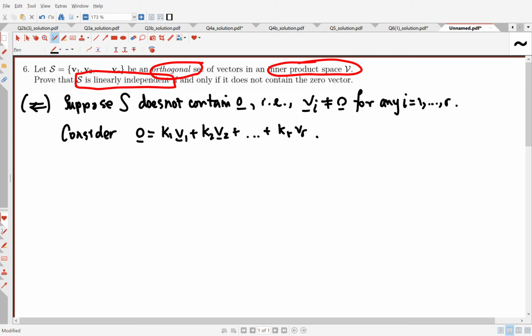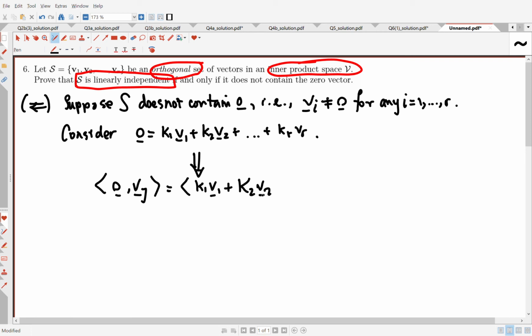Then what? We just take the inner product with vj, where this vj can be v1, can be v2, can be v3 until vr. All works the same.